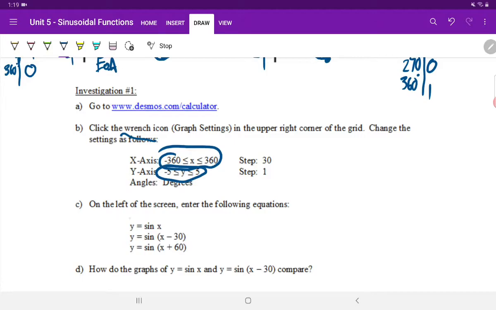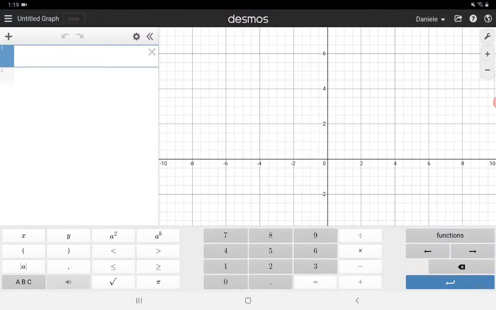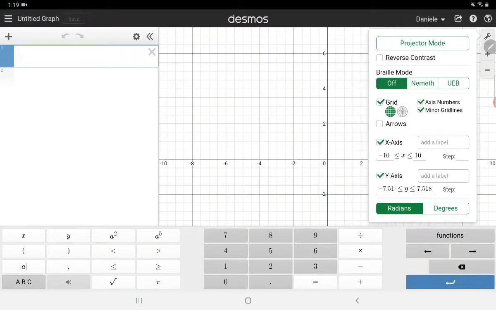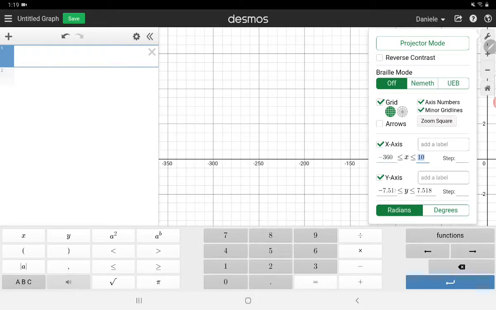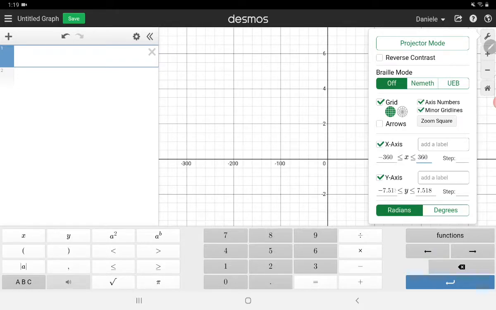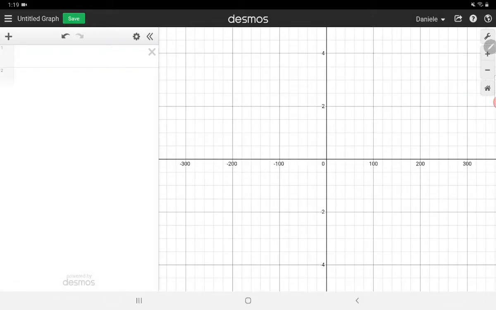Then we're going to plot these three functions on the left of the screen. So let's go into Desmos. Let's hit the gear, change from -360 to +360 on the x-axis, and -5 to +5 on the y-axis.